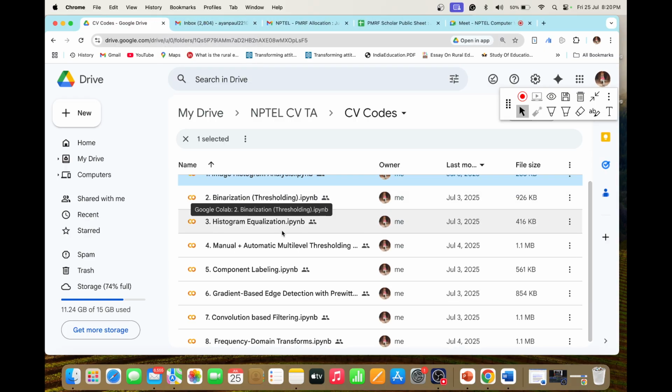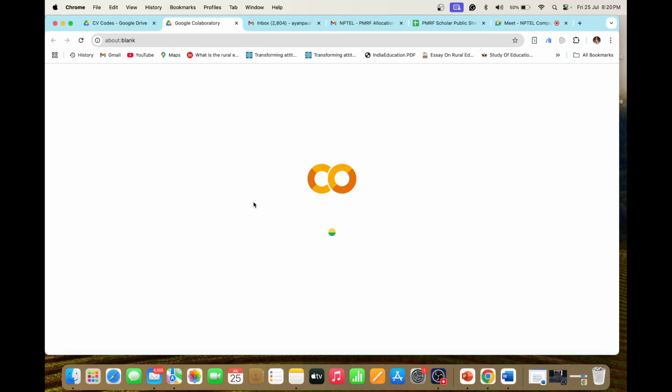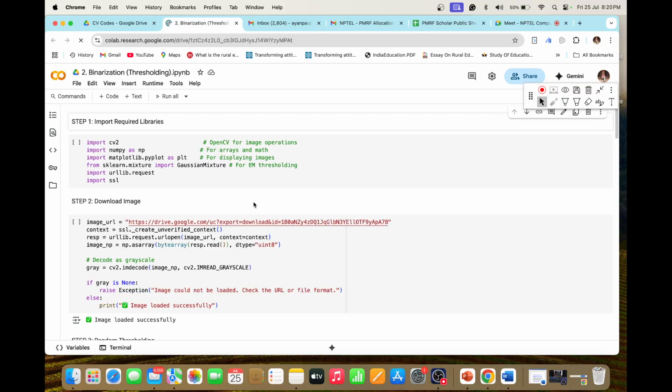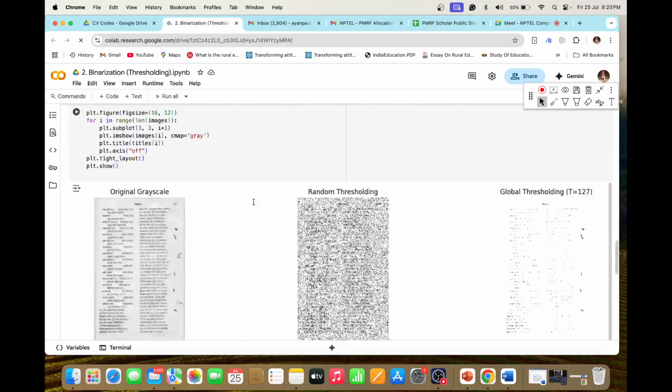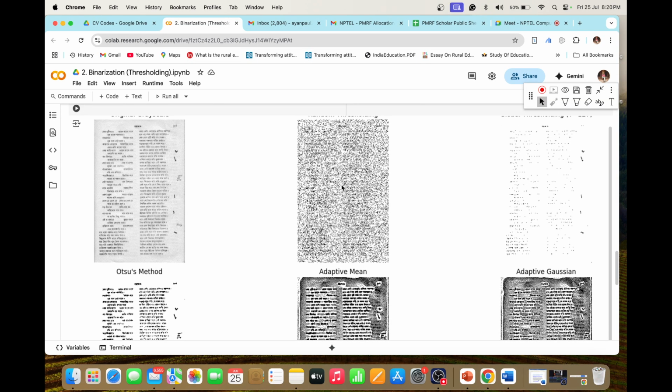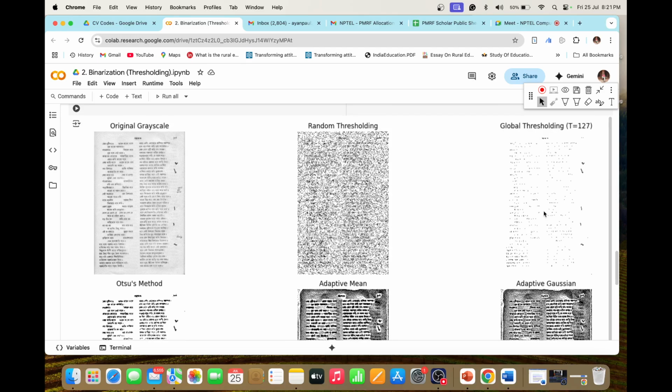Similarly, there is binarization thresholding. So let me just show you for better understanding. Yeah, so this is another code for binarization. This is a random threshold, so it does not make much sense. This is a global threshold of 127.